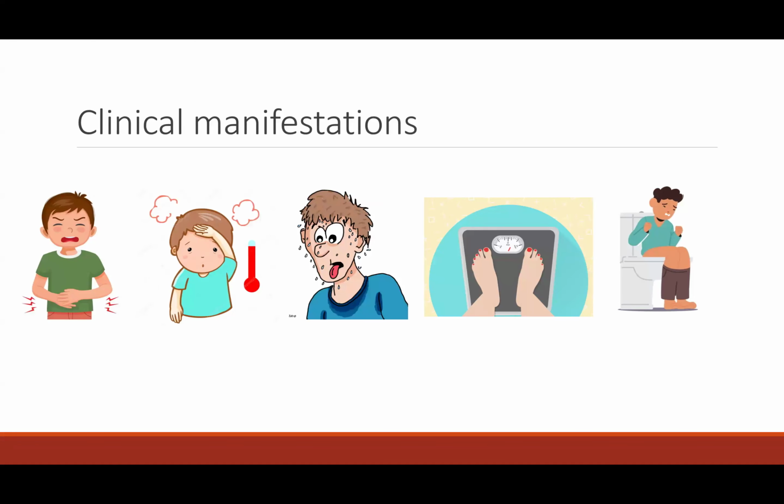In terms of clinical manifestations, patients with amoebic liver abscess will usually present with 1 to 2 weeks of right upper quadrant pain with fever, and the pain may be referred to the epigastrium or the right chest or even the right shoulder. Other symptoms include cough, sweating, malaise, weight loss, anorexia, and they may even present with some diaphragmatic irritation with hiccups.